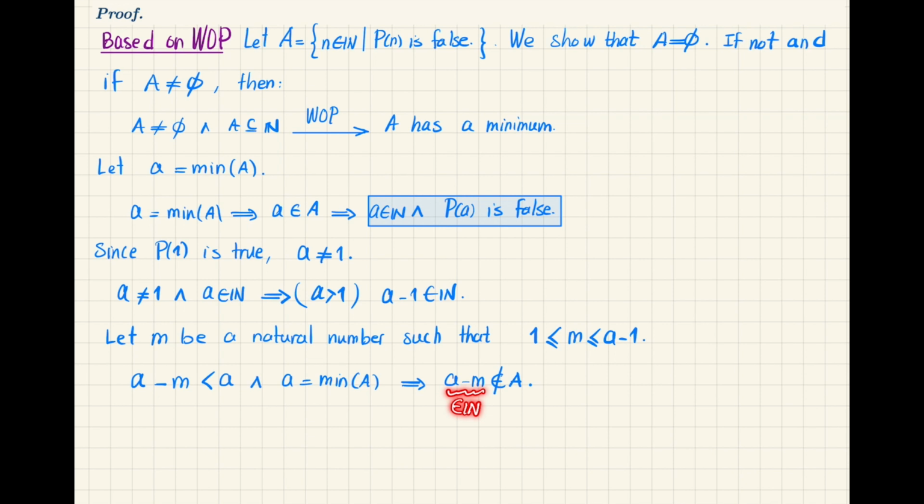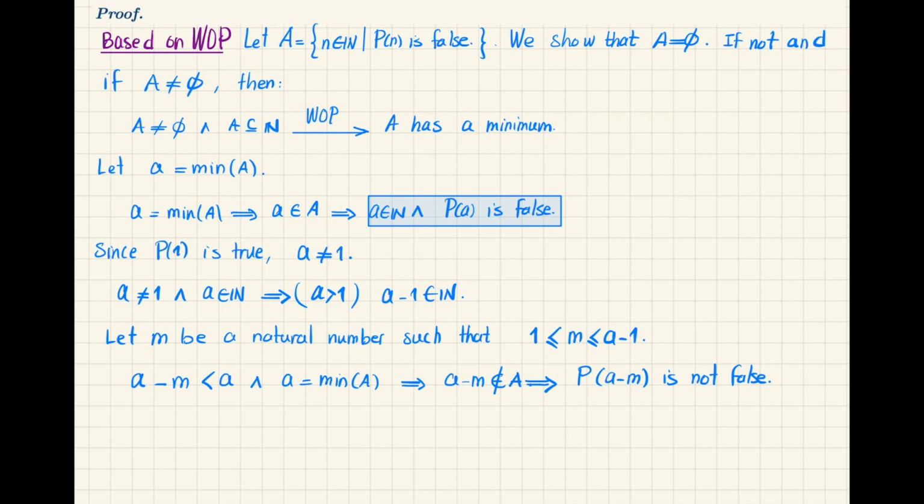So this means that the reason that a minus M does not belong to A is not because a minus M violates the first condition. So this means that it has to violate the second condition. So this means that if I replace this n with a minus M, then this should be not true. So it means that P of a minus M is not false.